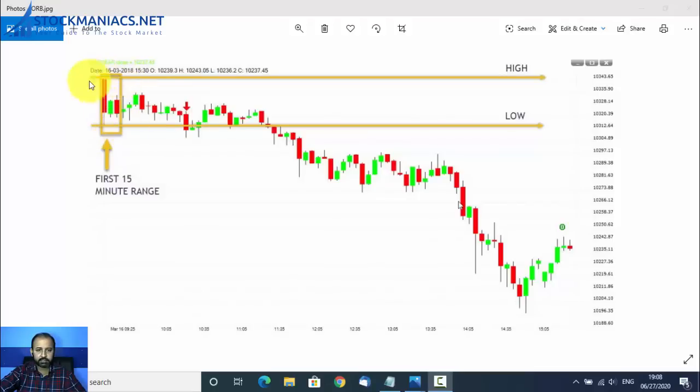So this is the 15 minutes range. So 15 minutes range high and low is defined. Then the fourth candle, the fifth candle, the sixth candle. Once again the 15 minutes range is same as the 30 minutes range. So the 30 minutes high and low is also same as the 15 minutes high and low in this case.